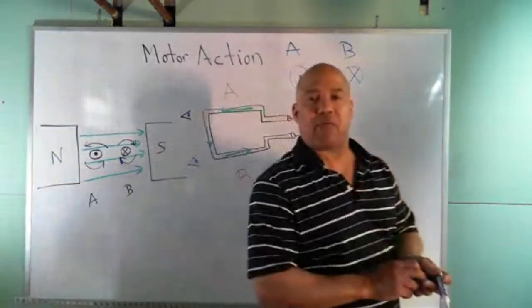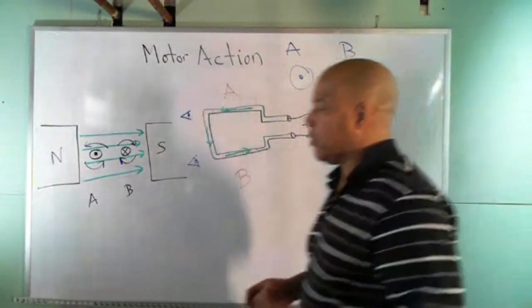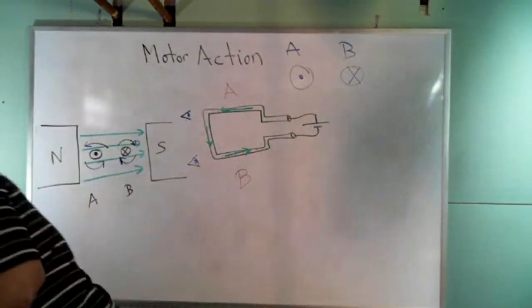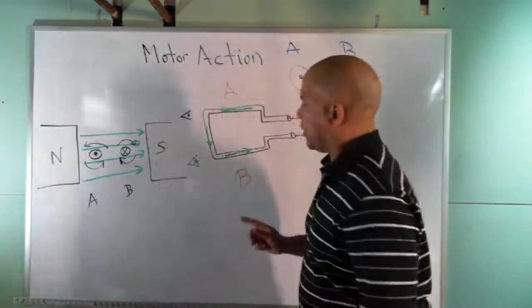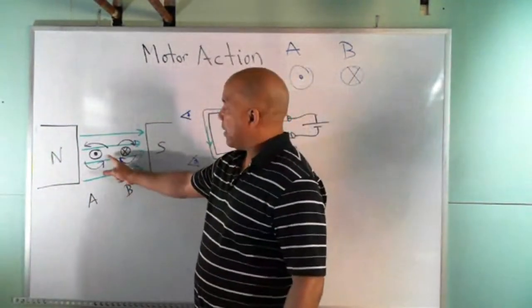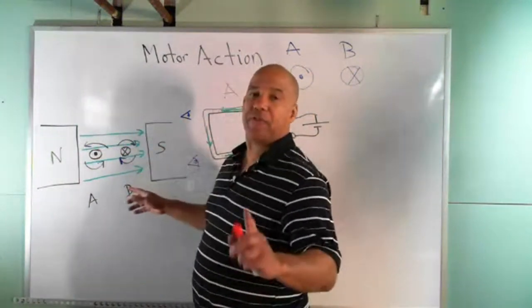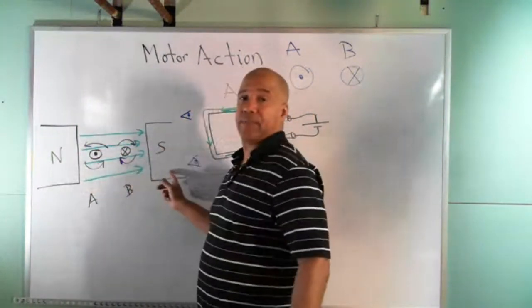Now, if you follow that right-hand rule, then what you will observe is two things. Number one, if you look at conductor A, the green marker lines represent the permanent flux field from these magnets.